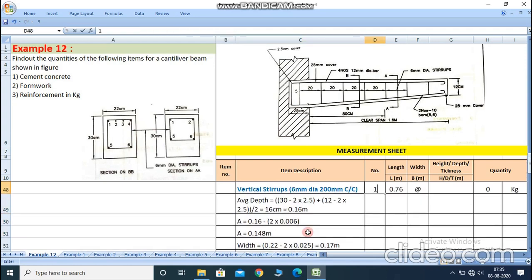So we write here 10 number of stirrups, and 6 mm diameter per meter length weight of the bar is 0.22 kg per meter length. So multiplication of 10 multiplied by 0.76 multiplied by 0.22 gives 1.6764 kg weight of the steel required for the vertical stirrups of 6 mm dia at 200 mm center to center spacing.